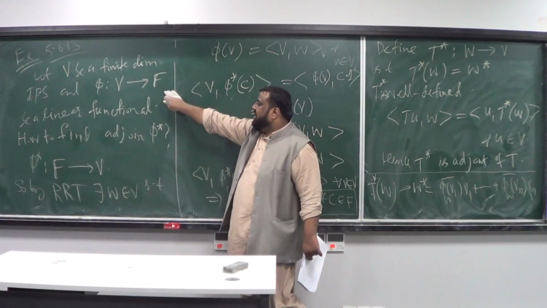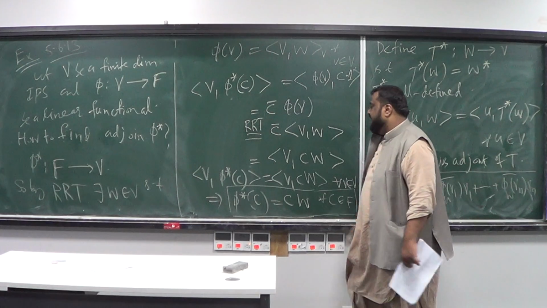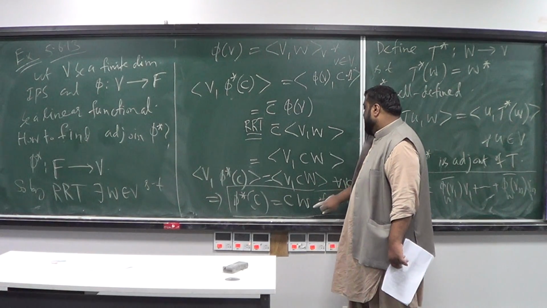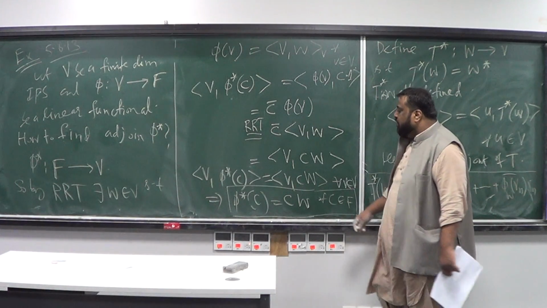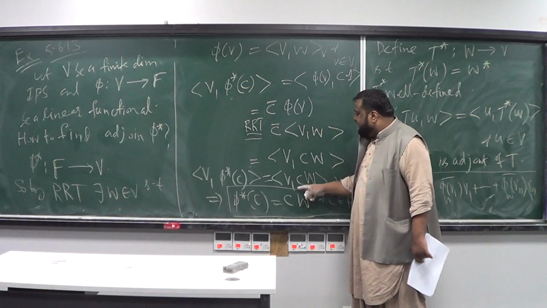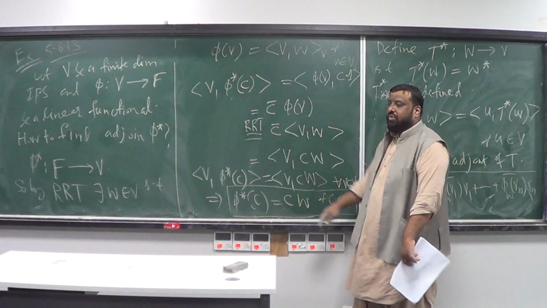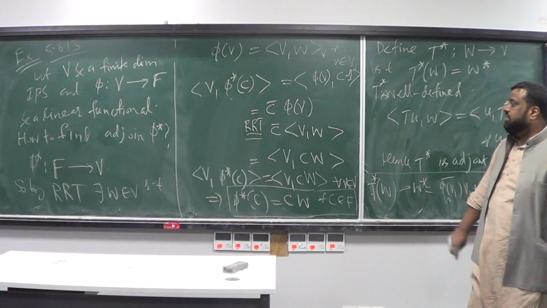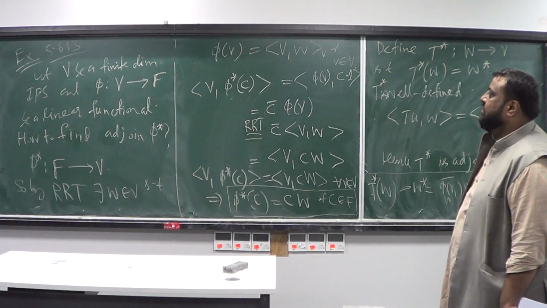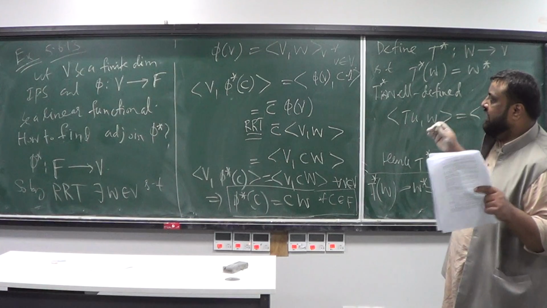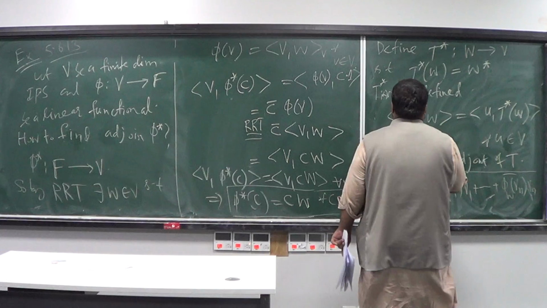Take a linear functional; by Riesz representation, there exists a W, so its adjoint is phi star of C, which is C times W. So the outputs of phi star are different scaled versions of W. This is one example of finding the adjoint of a linear functional, in the finite dimensional case.